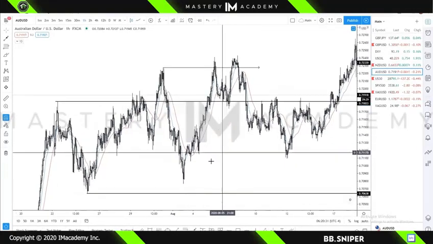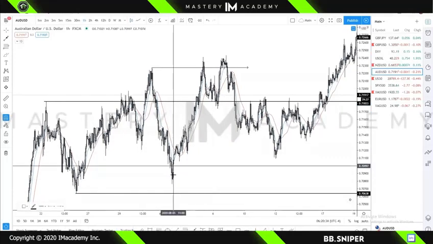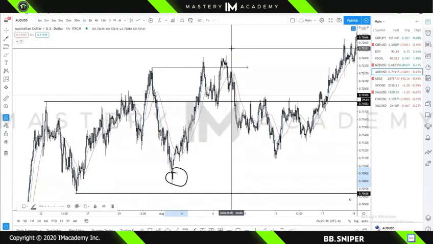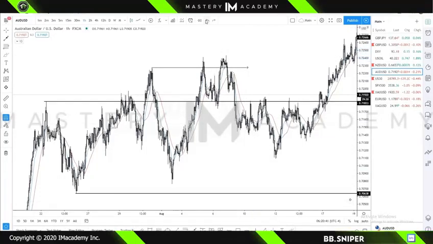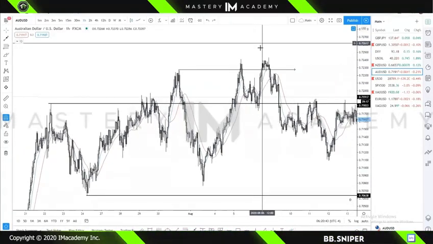Okay, and so if our range is from here to where we start retracing up here, the new 4 hour range, we're going to expect the retracement of that entire range.